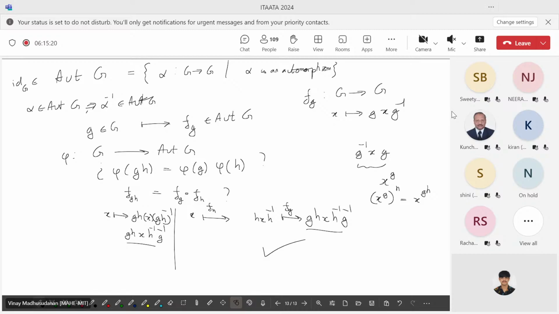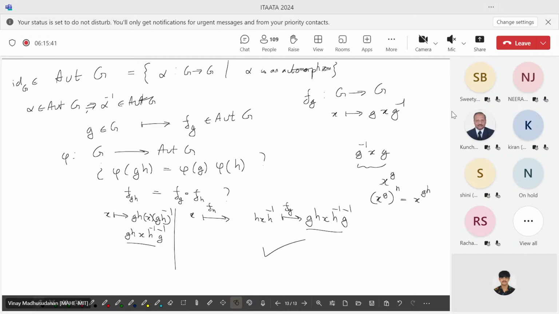Here f_h gets applied first. There, x power g gets applied first and then h. So if you want it to work in this order, then you have to define it this way. If you do it the other way, it will not work out. You will get x power hg, which is unequal.